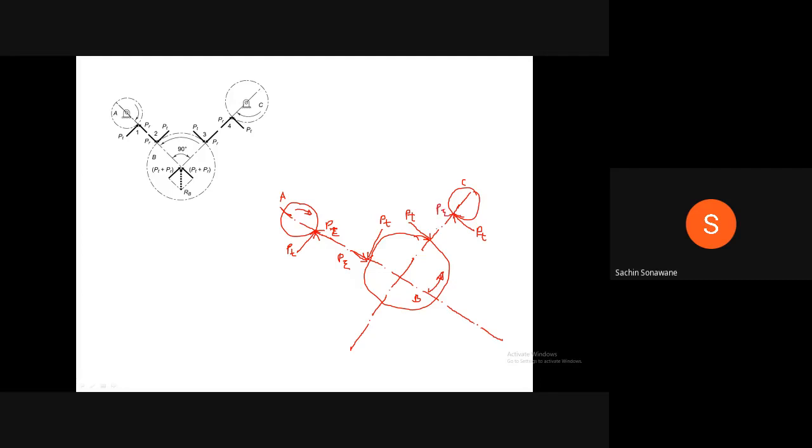Radial force means separating force, or the force which passes through the center. This is the free body diagram of the 3 gears. Draw this diagram and we will stop here. Thank you very much.